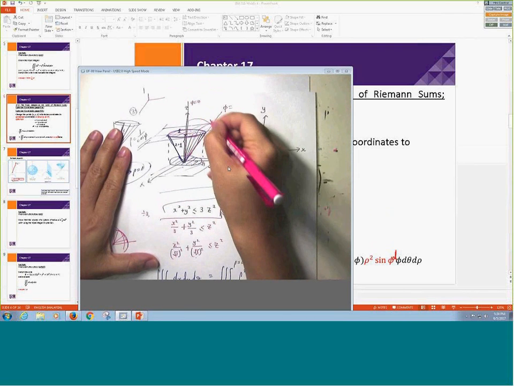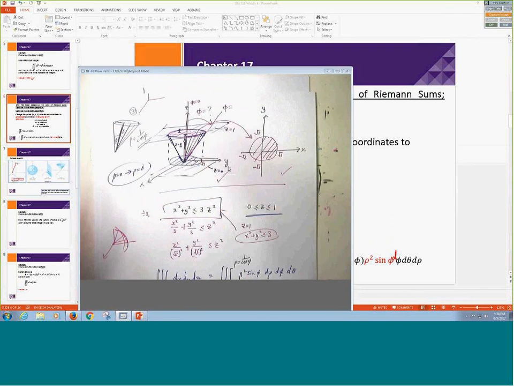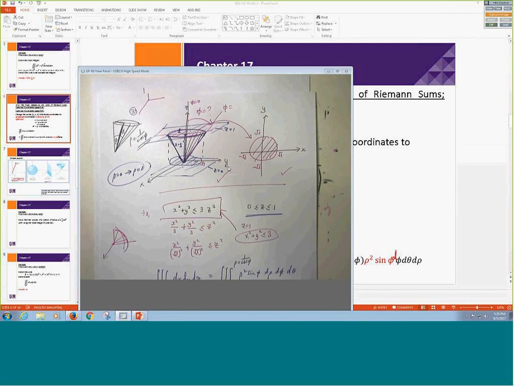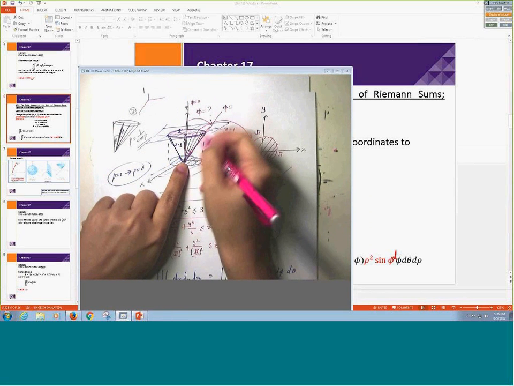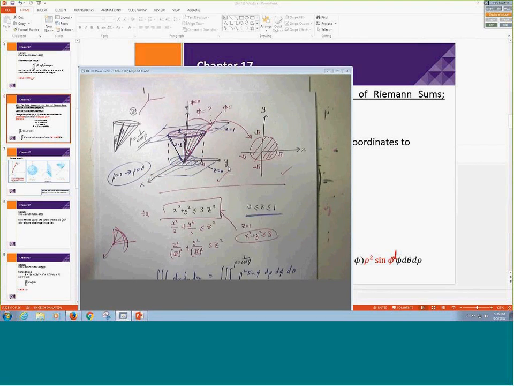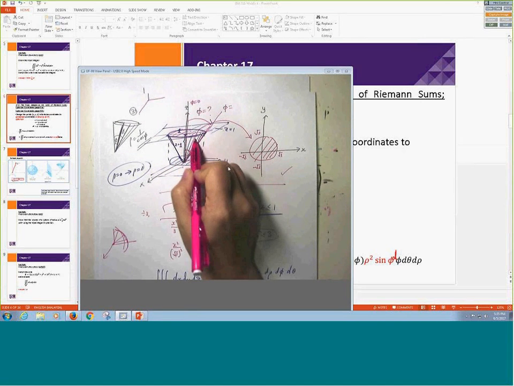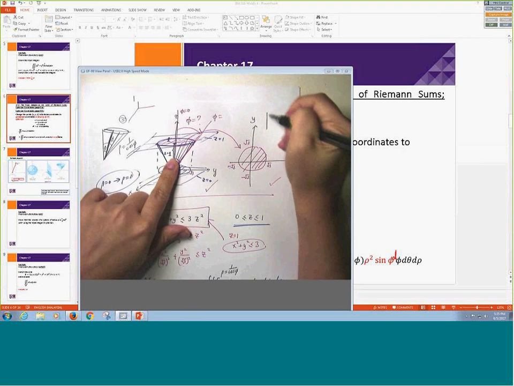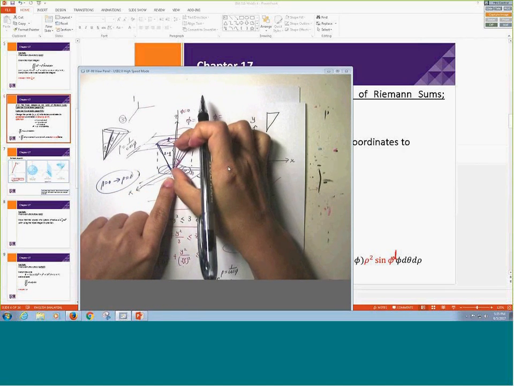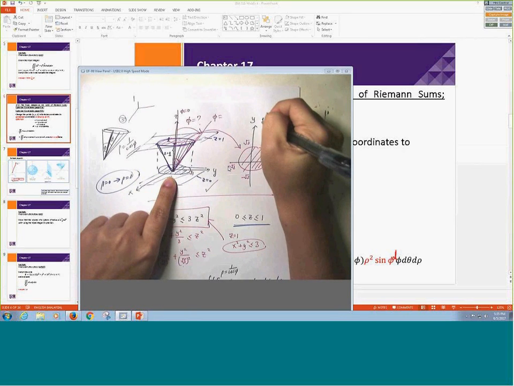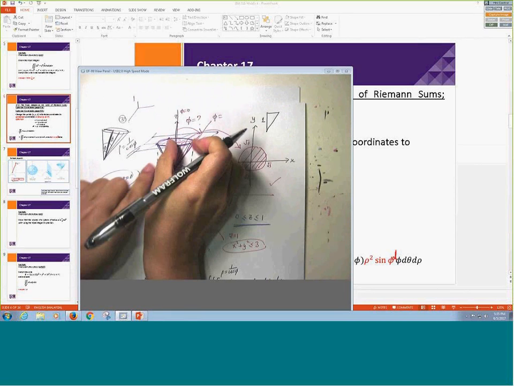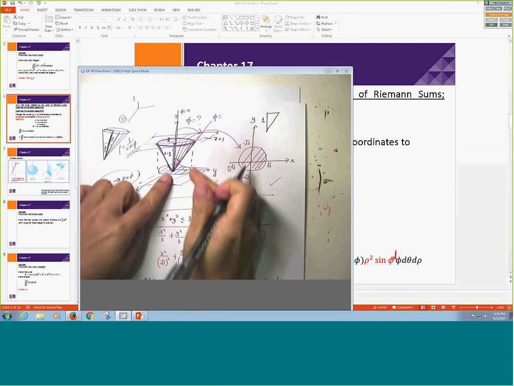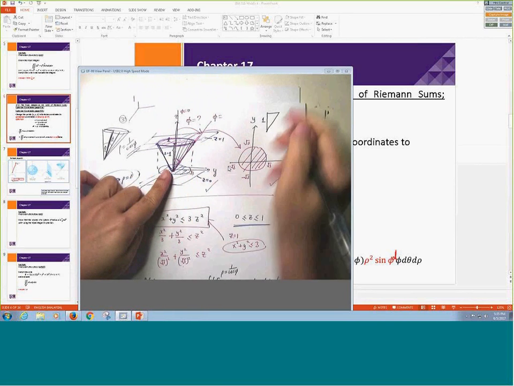What is the angle here? We need to find what is the phi here. How? Look at the triangle. In this triangle, the height is 1, and remember, the edge here, the circle, the x will be 3.